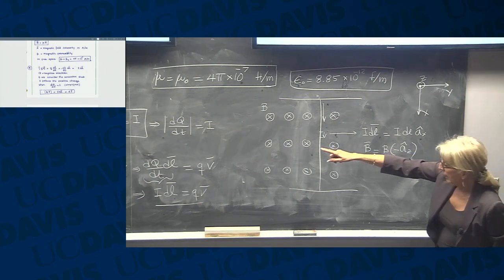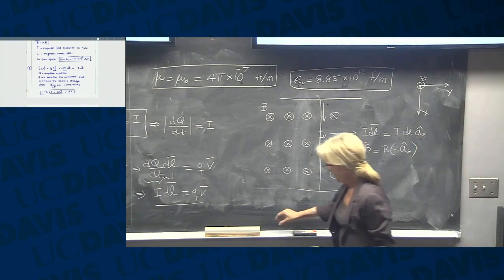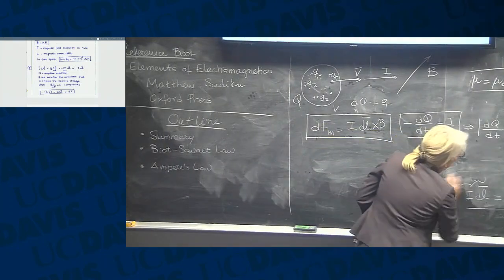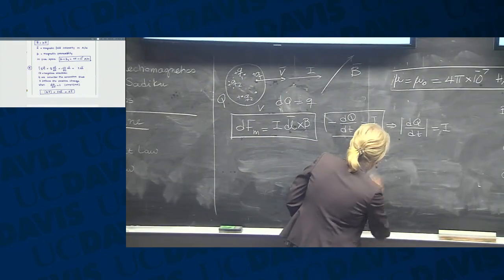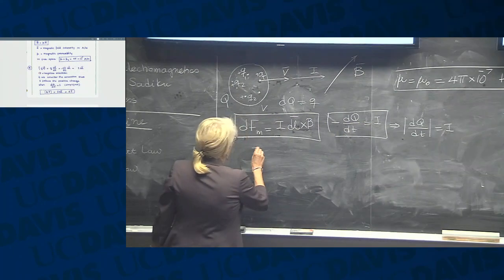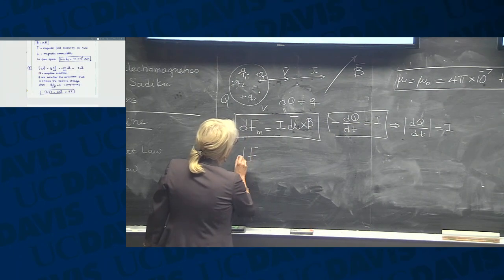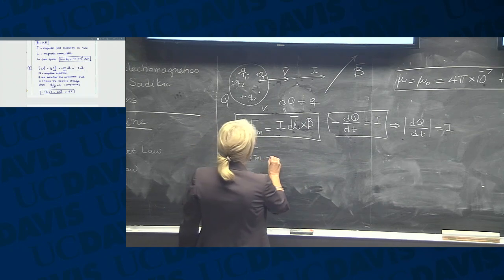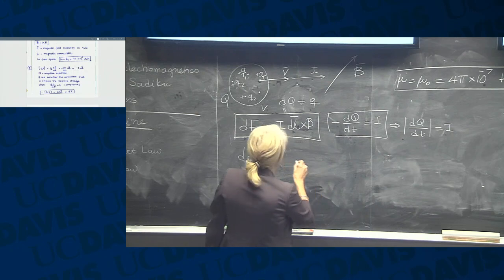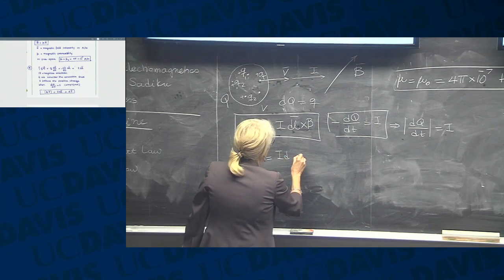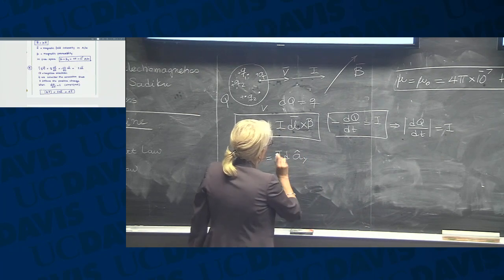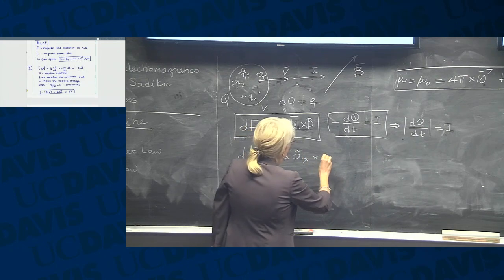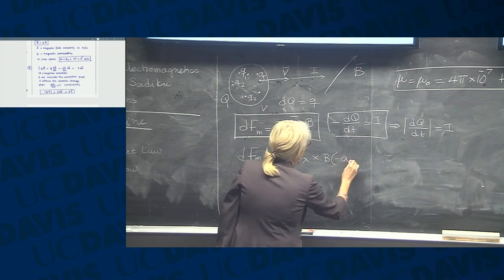Now, if I take this equation and write below it, I would like to see what this force is on this small infinitesimal element, and I will see that it's going to be I dl ax, excuse me, ax cross B along minus az.